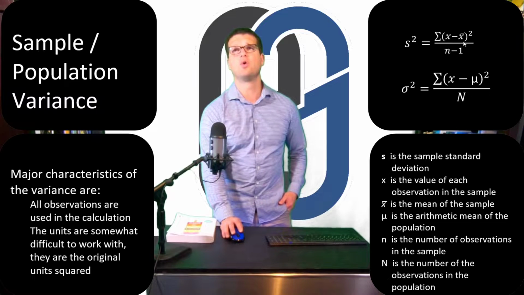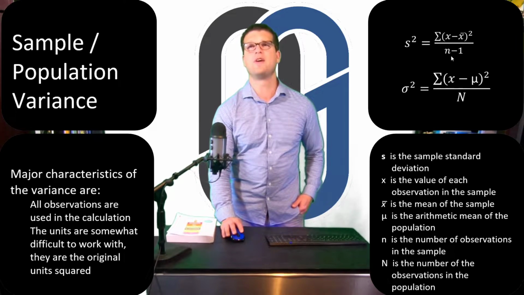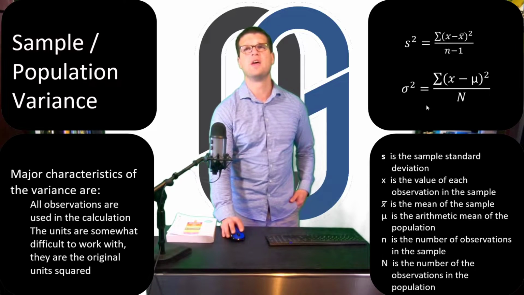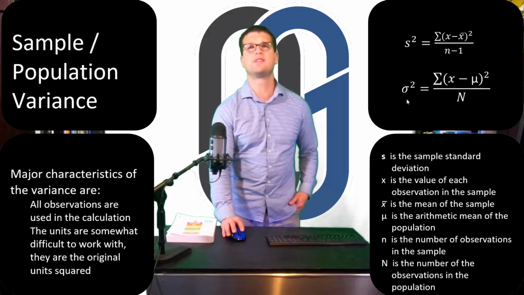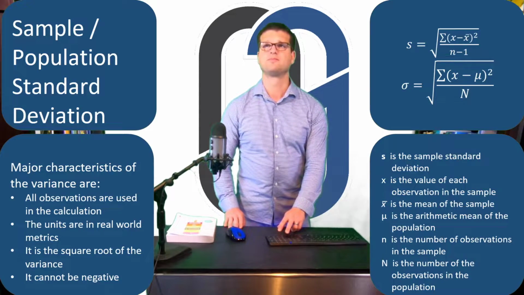Lowercase n is the number of observations in a sample, versus uppercase N is the number of observations in a population. And this lowercase sigma stands for the population standard deviation.